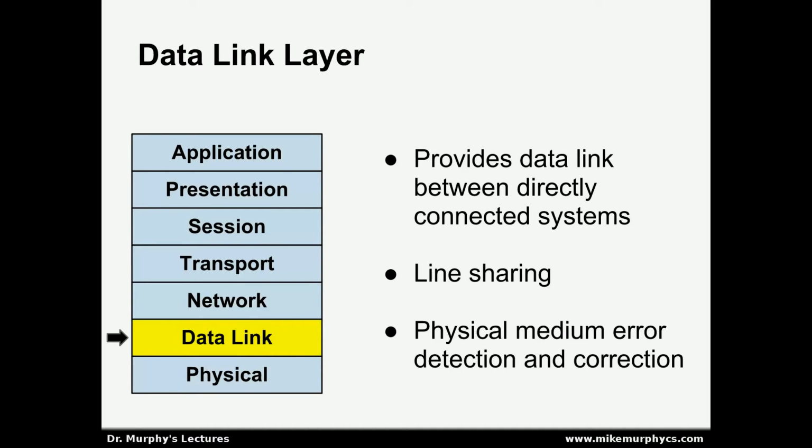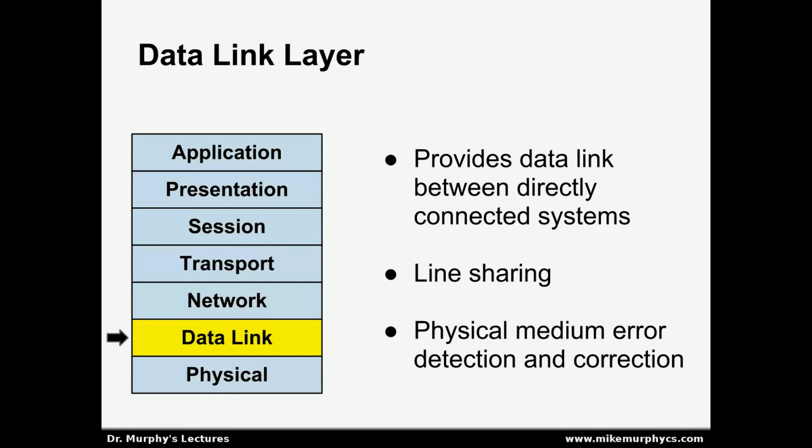Now, once we have a physical layer in place, we can move on to the data link layer, and this provides a link directly between directly connected systems. In other words, if we have two systems that are cabled together with a piece of wire, or two systems that are fiber optically interconnected, the data link layer provides a connectivity mechanism between those two systems, and this does so at a higher level than the physical layer.